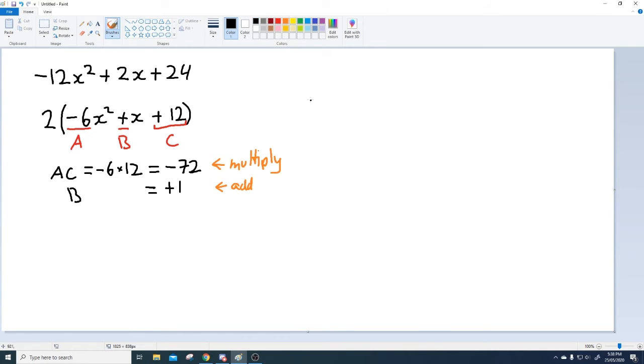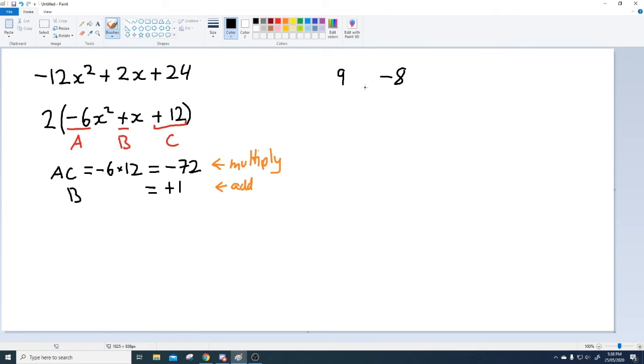So once again, you'll write up a list of factors for negative 72 and find the ones that add together to give you positive 1. In this case, I'm just going to skip ahead a bit and say that your answer here is 9 and negative 8. So 9 times negative 8 is negative 72, and 9 plus negative 8 is positive 1.